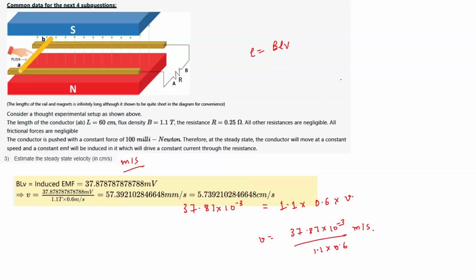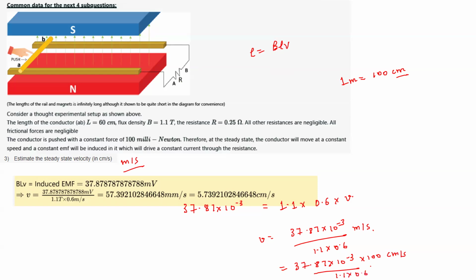Now what do you know? You know that 1 meter is equal to 100 centimeter, right? So you can replace it because it is asking in centimeter per second. You will just replace 1 meter as 100. So this will become 37.87 into 10 power minus 3 into 100 centimeter per second.